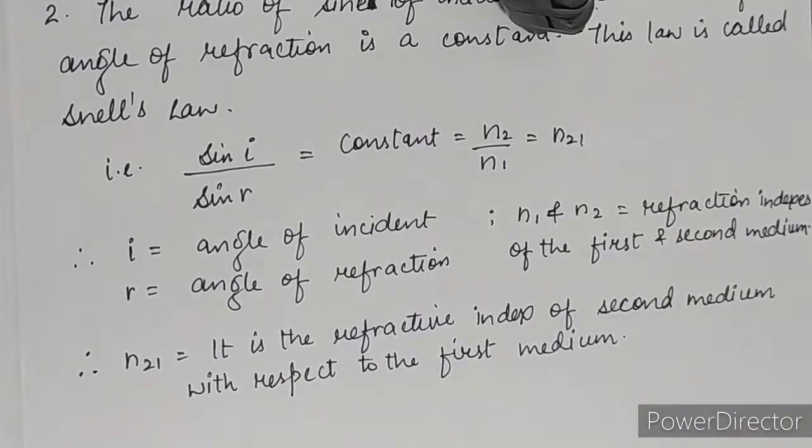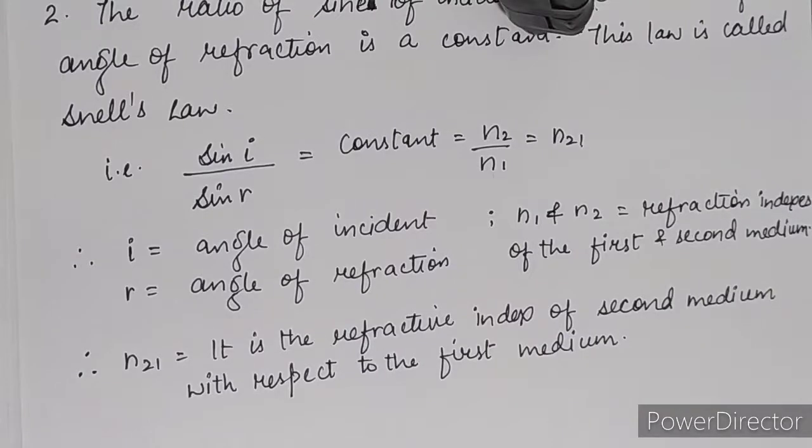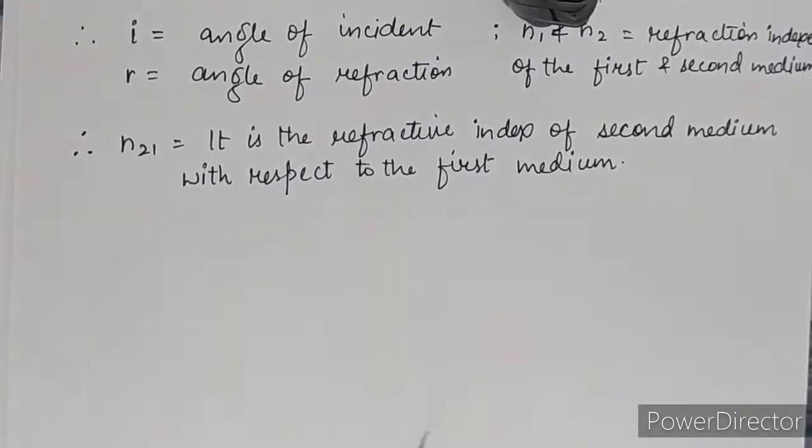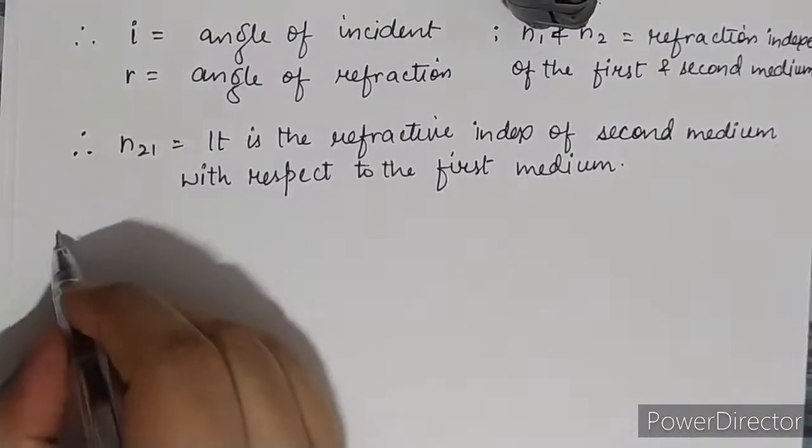And if the light enters a medium from air or a vacuum, then the refractive index is called the absolute refractive index of the medium. That also I am writing down.